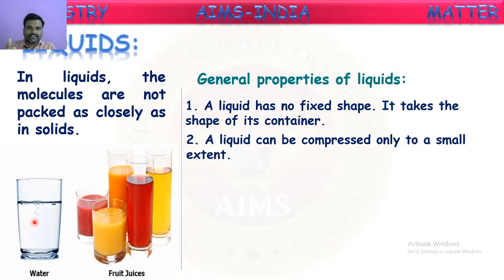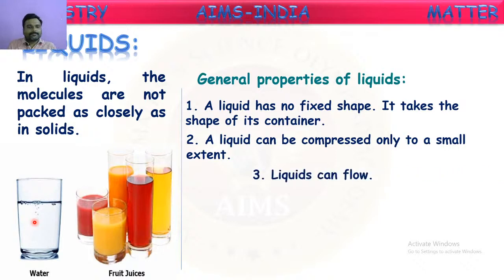But liquids can be compressed a little, greater when compared to solids, but it is not much. If you take certain water into a container and apply high pressure on it from the surface, it can be compressed a little, but not to a great extent.